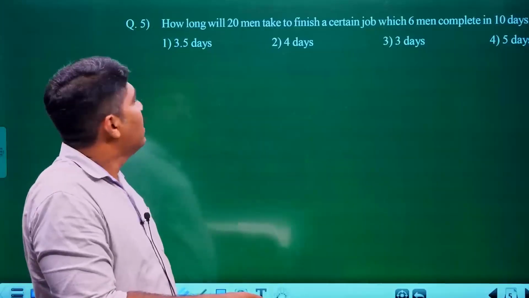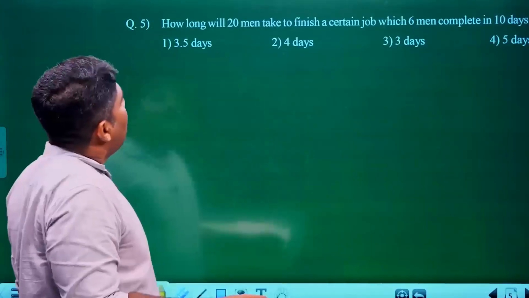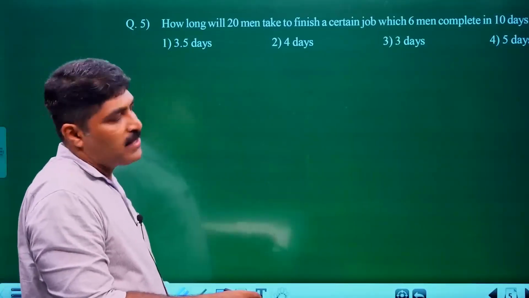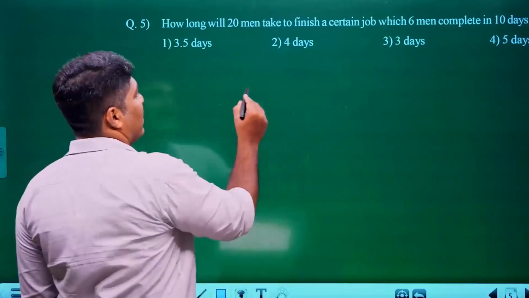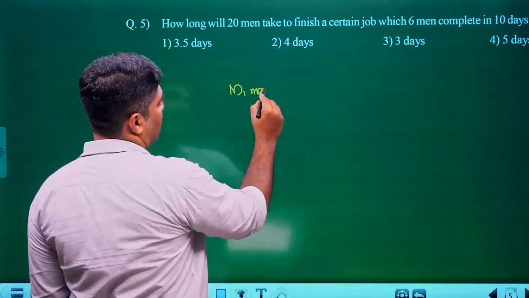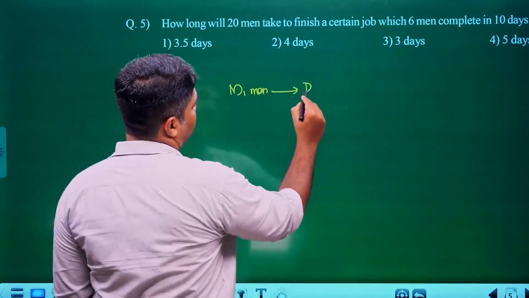So the next question is from time and work. How long will 20 men take to finish a certain job which 6 men complete in 10 days? It's a simple one. Here we have the result. Suppose M1 men can complete a work in D1 days.